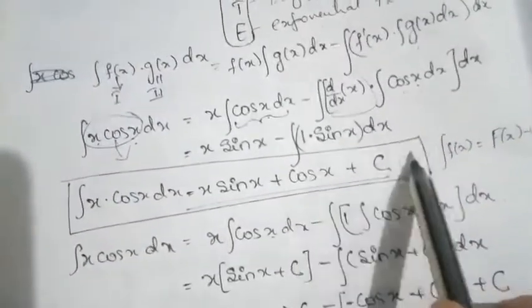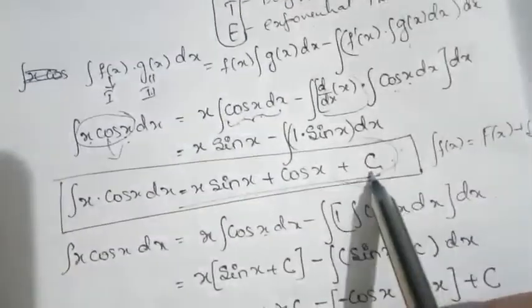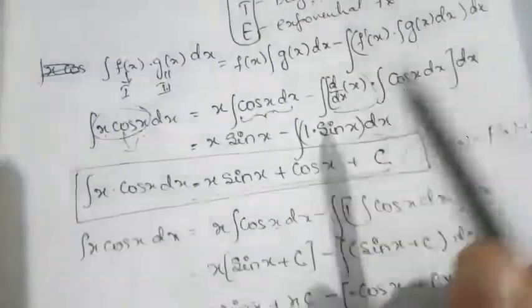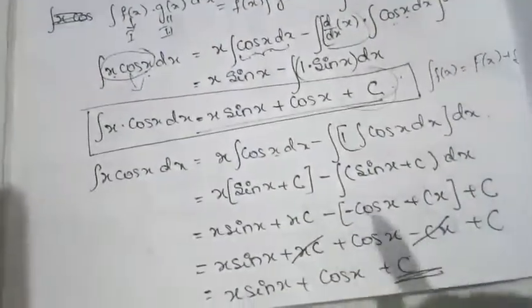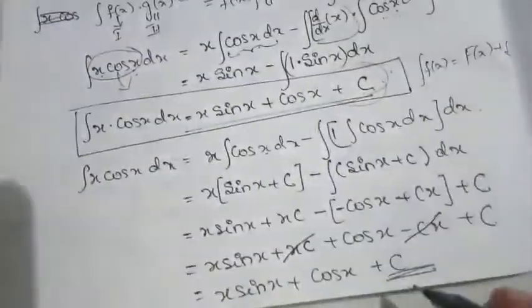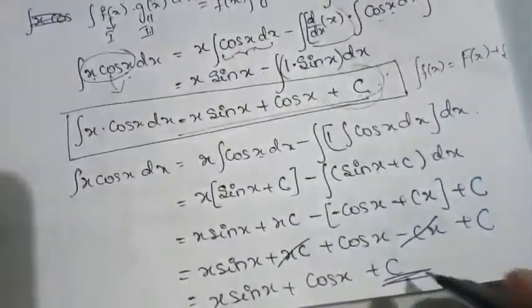At the final answer we put the integration constant. Even if we put the integration constant at each and every step, it is going to get cancelled out and we are going to get the same final answer.